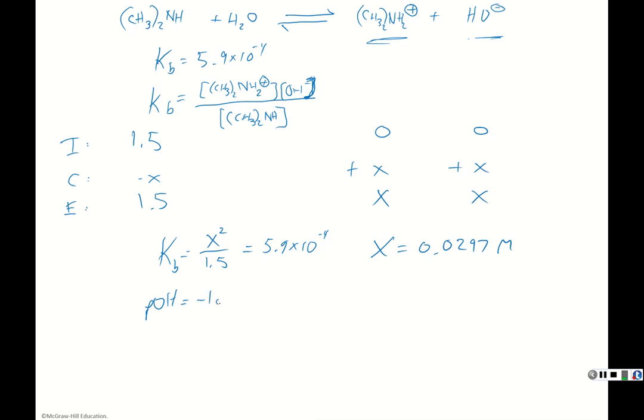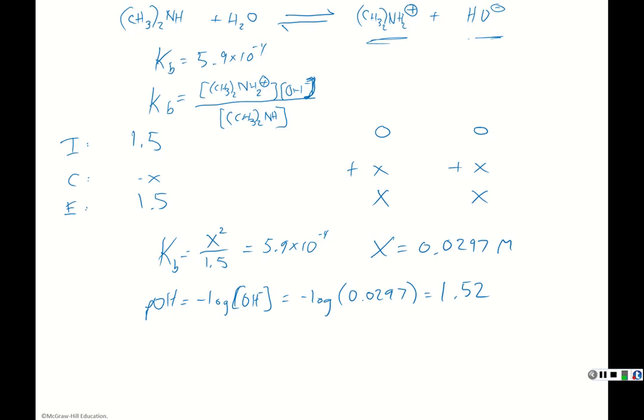That's going to be the negative log of OH minus concentration. So the negative log of 0.0297, which is 1.52.